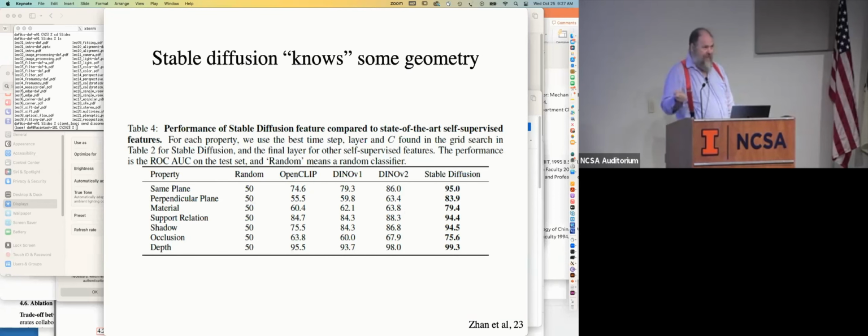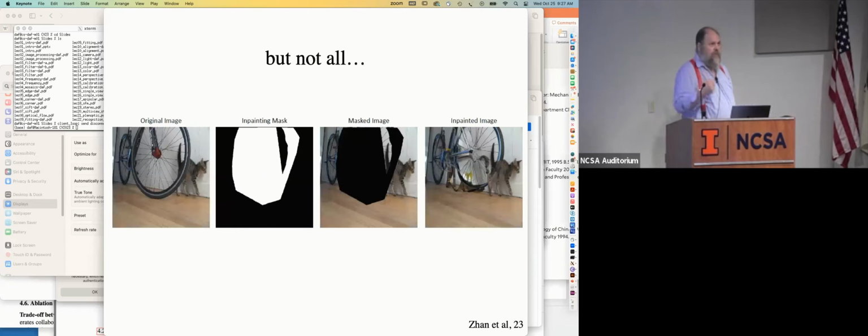Rather better than you can predict this property using other standard important image features, suggesting that there really is some theory of geometry lurking around inside this thing that has been otherwise unnoticed. Now, it's important to understand that these things, it is marvelous to find this stuff here, but they're still pretty dumb.